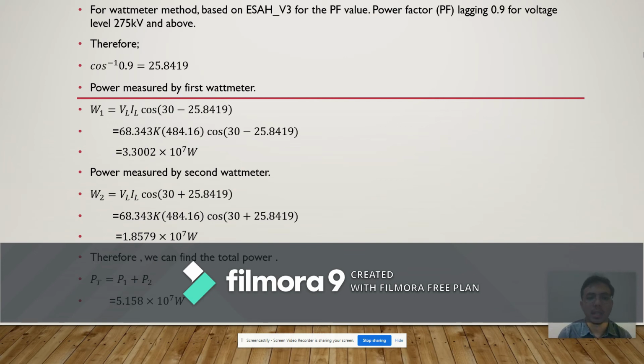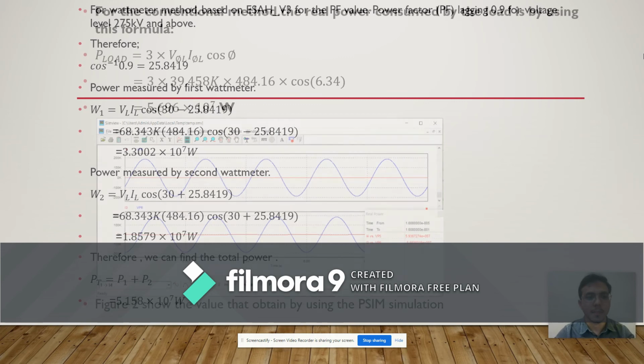Therefore, I can find the total power PT is equal to P1 plus P2. So the final value is 5.158 times 10 power of 7 watt.